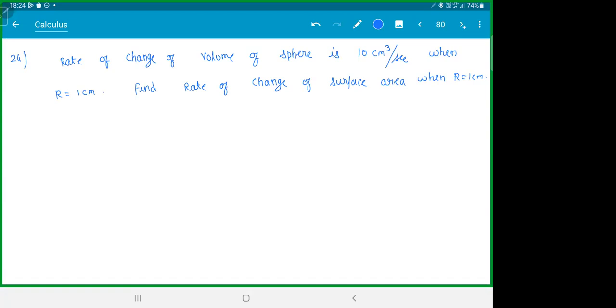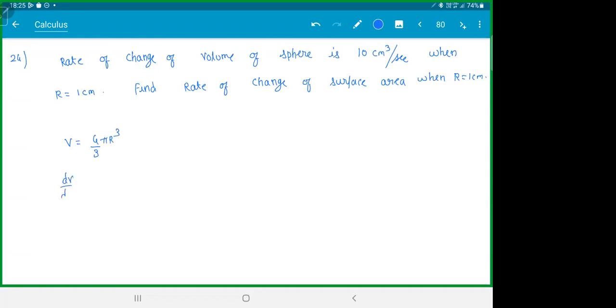5 by 2 pi. Okay. Others? See, first, volume is 4 by 3 pi r cube.